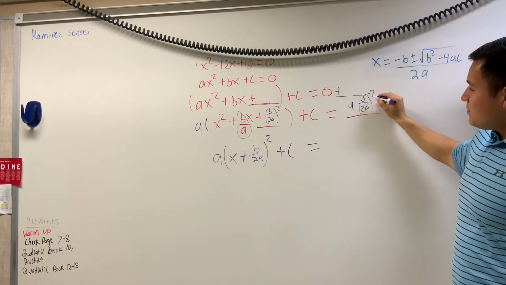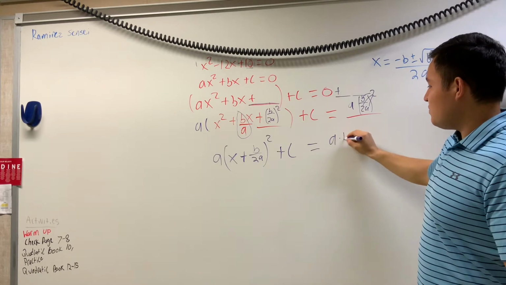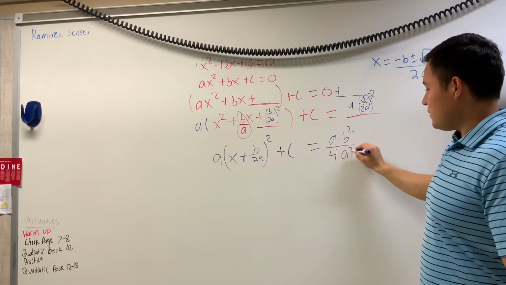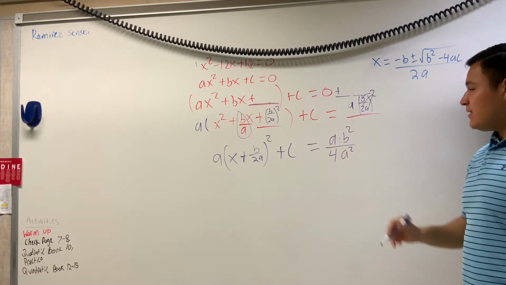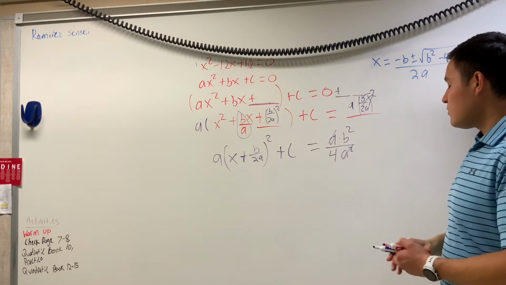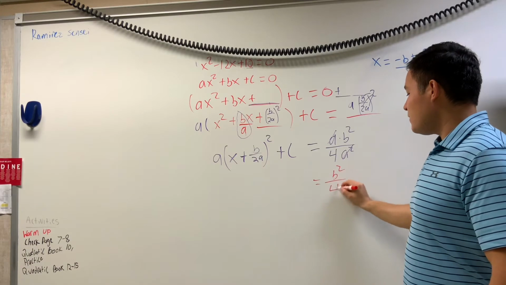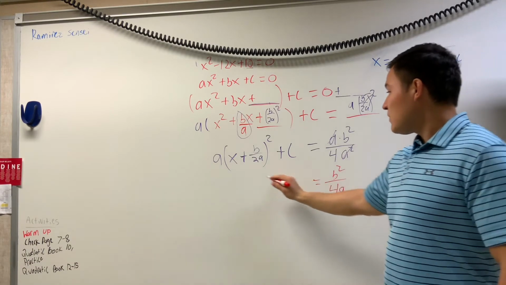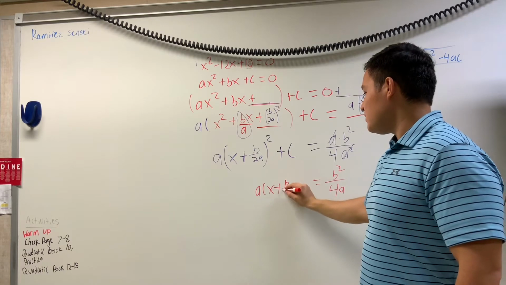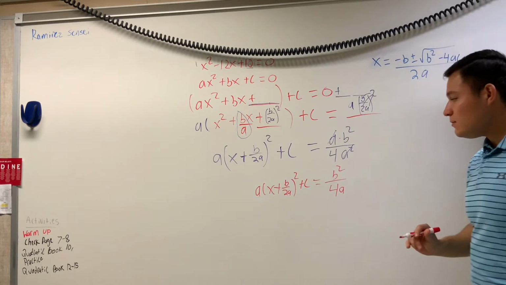This power of 2 is going to go to the b, to the 2, and the a. So that's a times b squared divided by 4a squared. We have an a on top and an a on the bottom. These are going to cancel out and leave you with b squared divided by 4a on the bottom. And on the left side is a times parentheses x plus b over 2a squared, plus c.